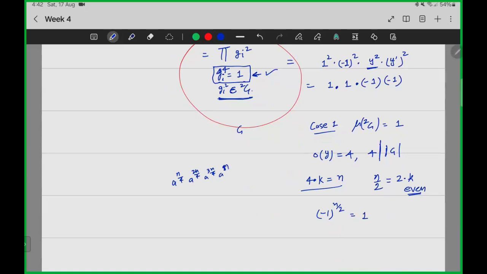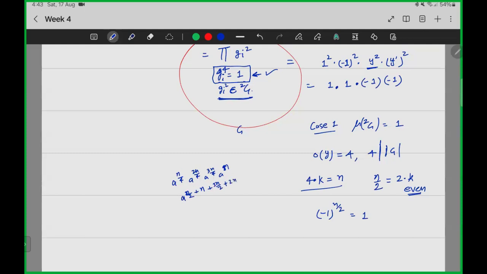And then we have to square them and take the product, right? If you square them, what will it become? n by 2 plus n plus 3n by 2 plus A to the power 2n, right?